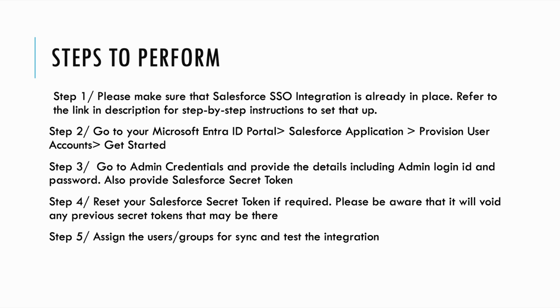Please be aware that it will void any previous secret tokens that may be there in your login account in Salesforce. Step number 5 will be where we'll assign the users or groups for this synchronization, and then we'll do the testing of this integration. So let's go to the browser window.